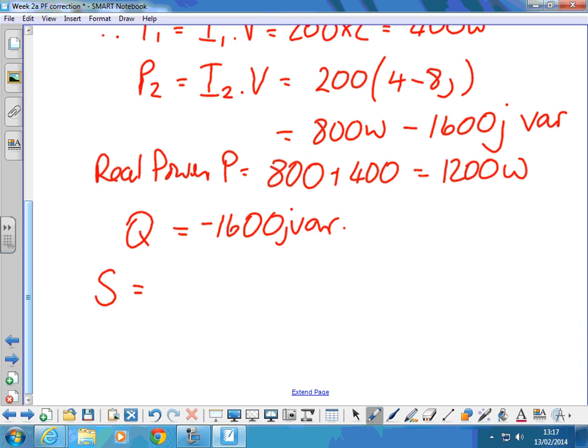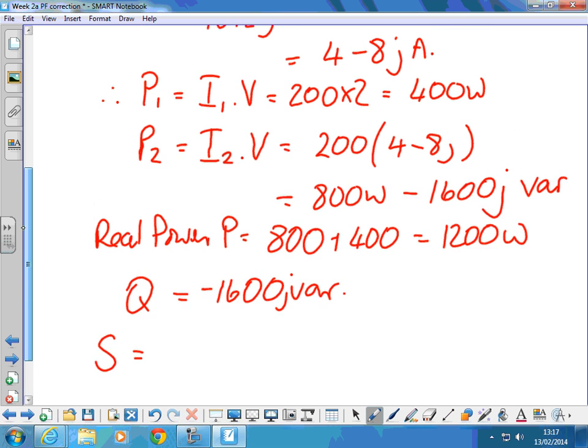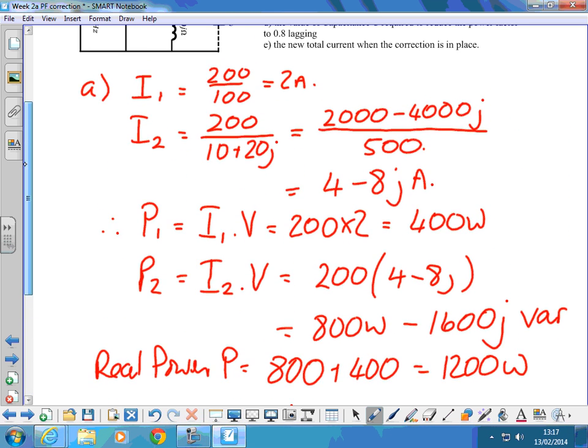It's when you take it as a whole with a real power and a reactive power part that you need to be careful with that. So take off the minus.